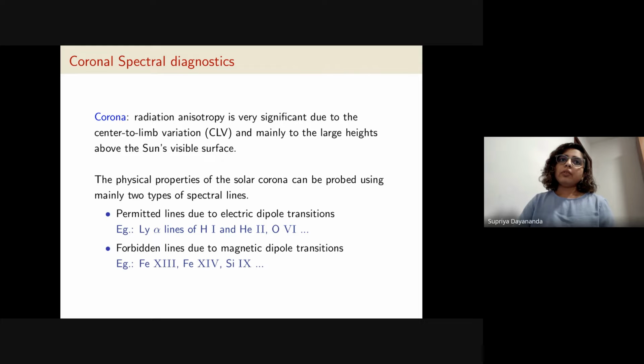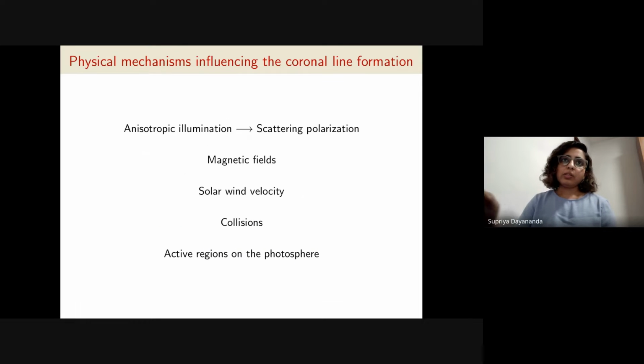If you look at the physical mechanisms that influence the formation of these lines, or in particular the polarization signals in these lines, here I list some of the main physical mechanisms, mainly in terms of the mechanisms which break the symmetry leading to the polarization signal.